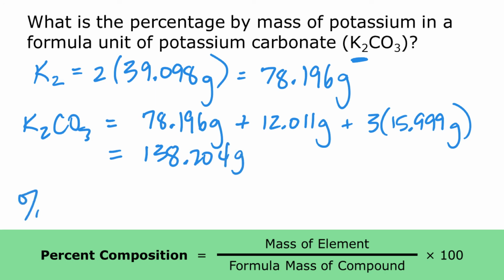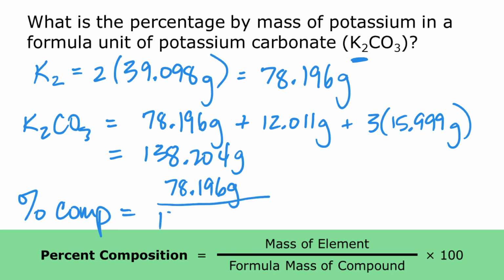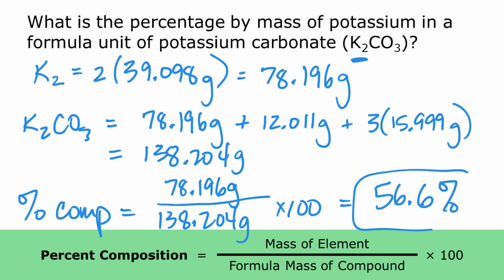And now I just calculate my percent composition. So it's the amount of potassium, 78.196 grams, that's the part, divided by the formula mass, that's the whole, times 100. And I see that potassium accounts for 56.6% of the mass of potassium carbonate.